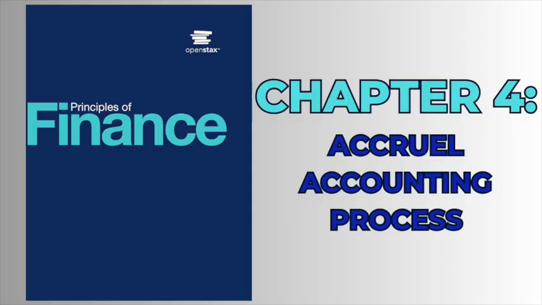Transaction: under cash basis accounting, under accrual basis accounting. $200 sale for cash: recorded in financial statements at time of sale, recorded in financial statements at time of sale. $200 sale on account: not recorded in financial statements until cash is received, recorded in financial statements at time of sale. $160 purchase for cash: recorded in financial statements at time of purchase, recorded in financial statements at time of purchase. $160 purchase on account: not recorded in financial statements until cash is paid, recorded in financial statements at time of purchase.